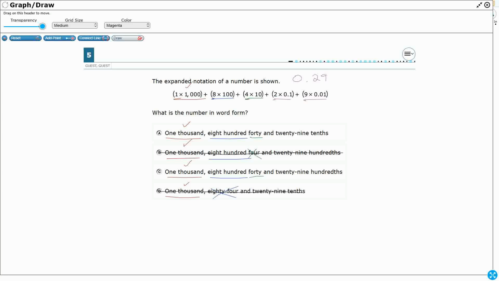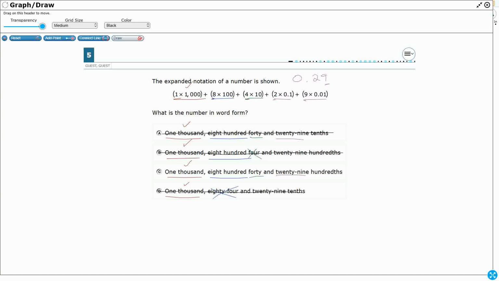So we end up combining the tenths and the hundredths like we do the tens and the ones. And so 2/10, 9 hundredths, we need to say 29 and then that final place value. So they both say 29, but that final place value is hundredths, not tenths. Okay, so it's looking like C is the only one left.